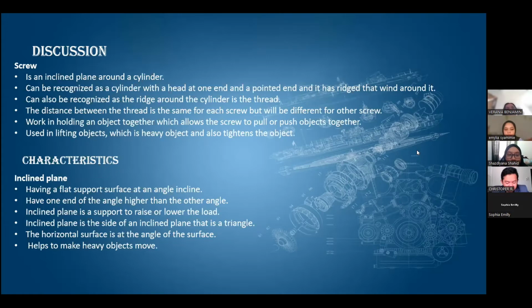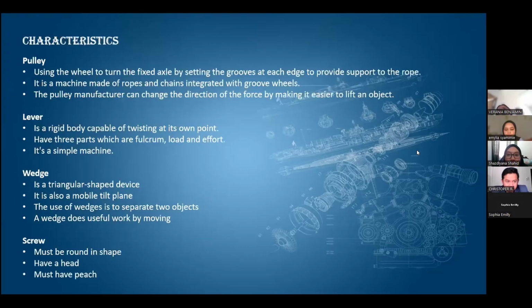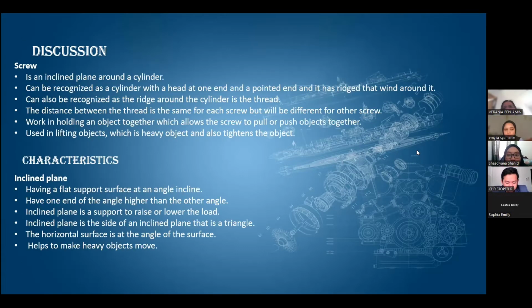Number six simple machine is screw. Screw is an inclined plane wrapped around a cylinder. It can be recognized as a cylinder with a head at one end and a pointer, and has a ridge wound around it. The ridge around the cylinder is a thread.